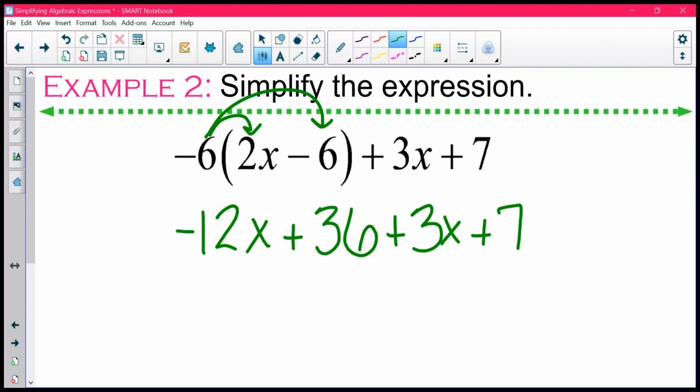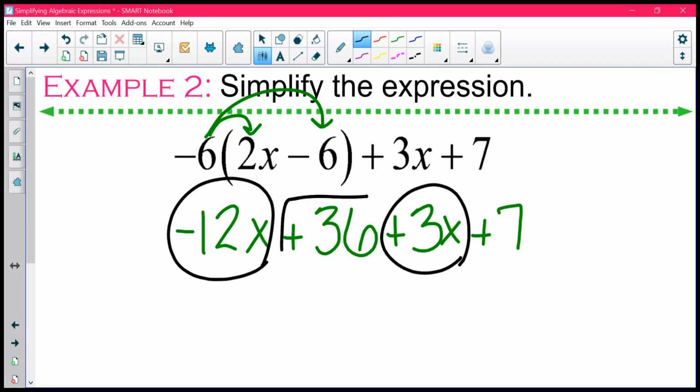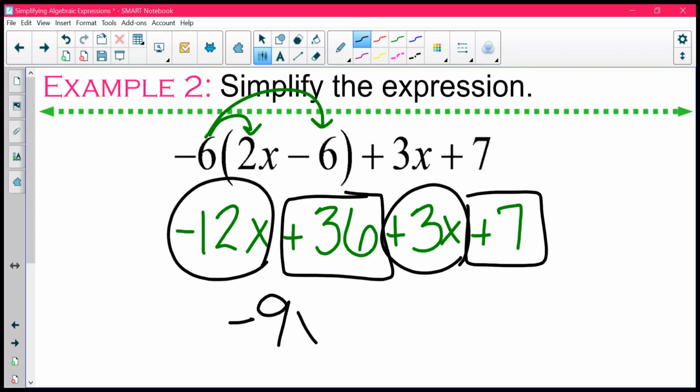Okay, now let's continue and clean up what we can. Negative 12 plus 3 would be negative 9x. And then 36 plus 7 is 43.